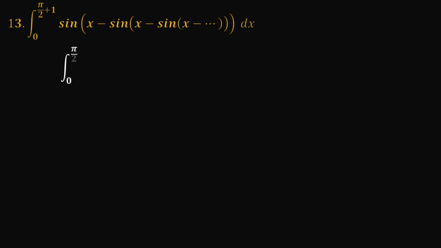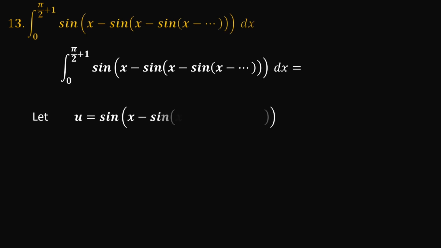So how do you go about solving this? The first thing we'll do is let u be equal to the integrand. What you observe is that what is nested in after x minus is also similar. It's the same as u.